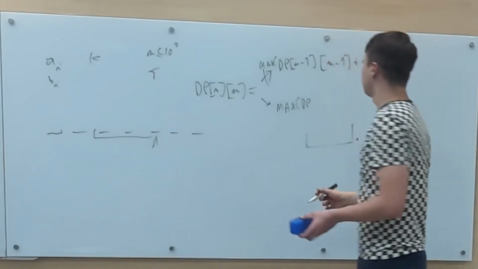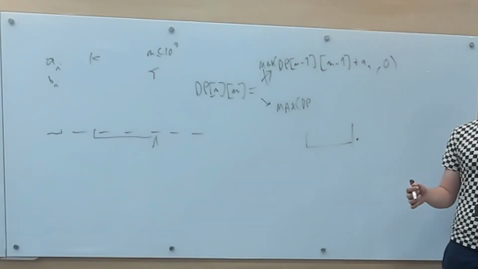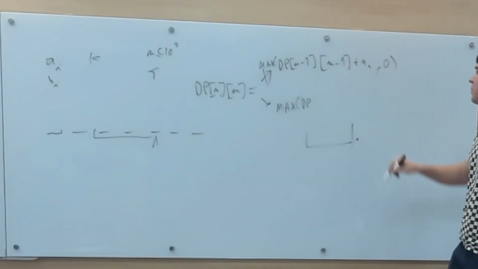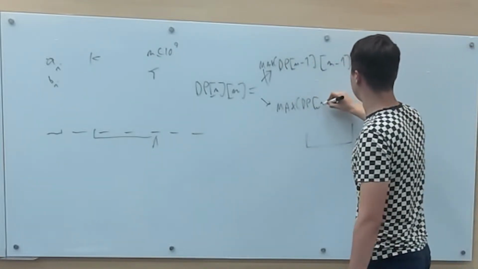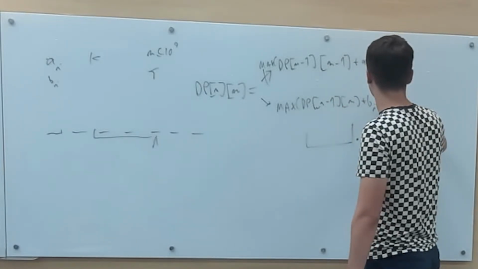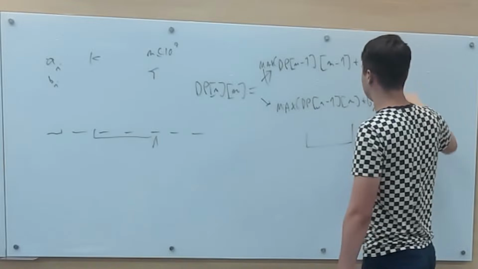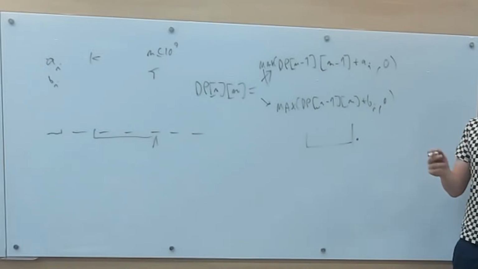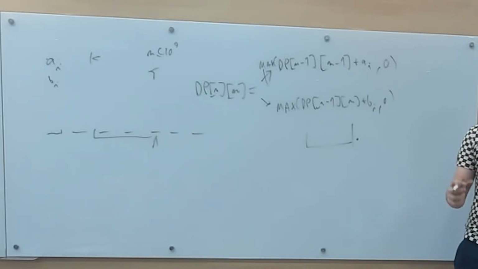And we want it, of course, to be as small as possible, right? This minimal sum. So we take the minimum of those maximums: dp n minus 1, m plus bi, 0. Why is the 0? Because this sum is the best sum.